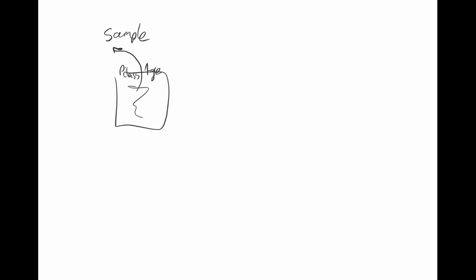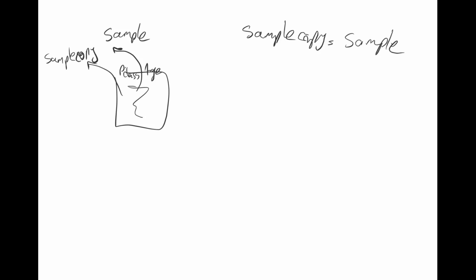If I say sample copy equals sample, I don't actually make a copy. I just copy the address or the name. So again, both of them refer to one data.